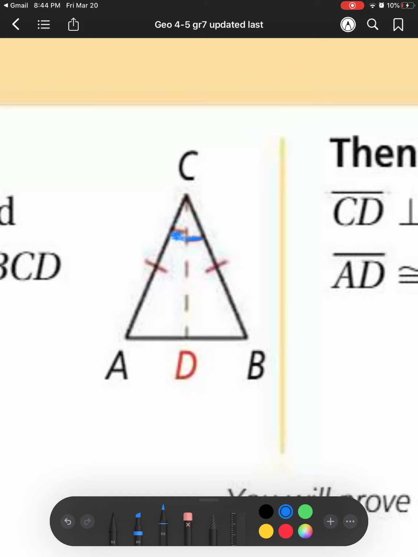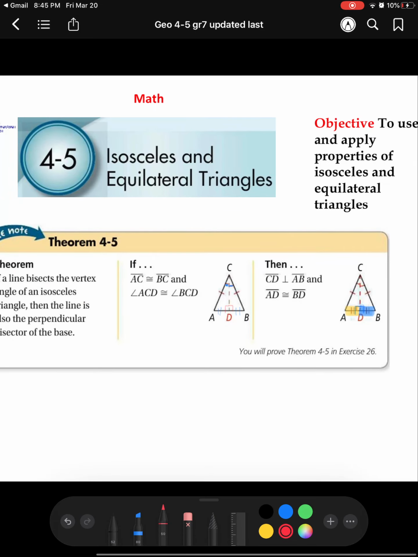What's the result? The line in here that you can draw is a bisector and perpendicular. The meaning of bisector: this side equals this side. And perpendicular means this angle is 90 and this angle is 90. Okay, let's see how we use this theorem.